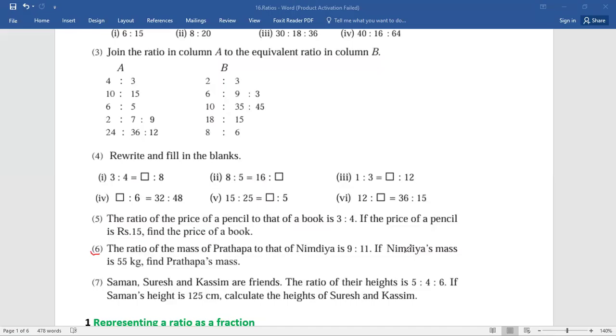The parts of P is 9, and you have to multiply it by one part. One part equals 5 kilograms. 9 times 5, 45 kilograms. Your answers are correct. Nice. Good.